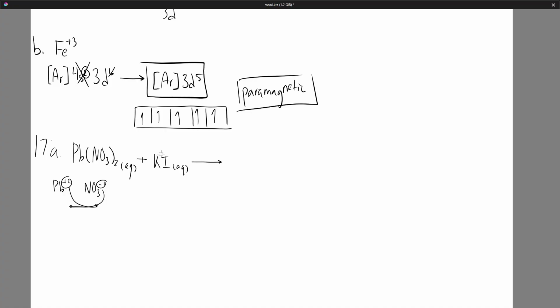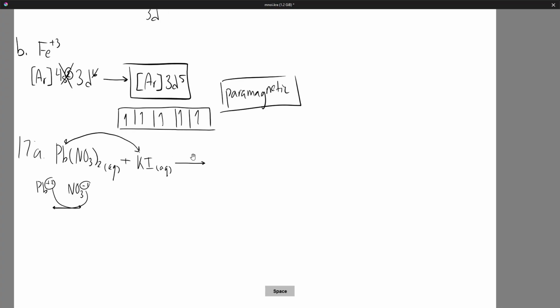Cation means the species with a positive charge. So potassium here is the cation because it has a +1 charge, and lead here is the second cation because it has a +2 charge. So these two switch places to make new compounds, which is going to be the product.